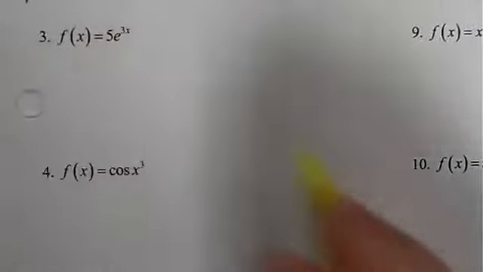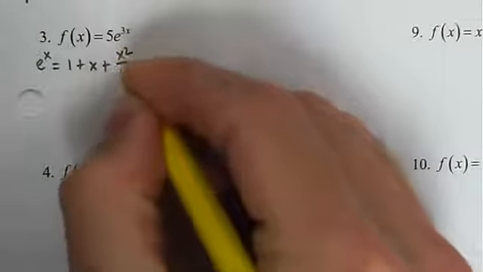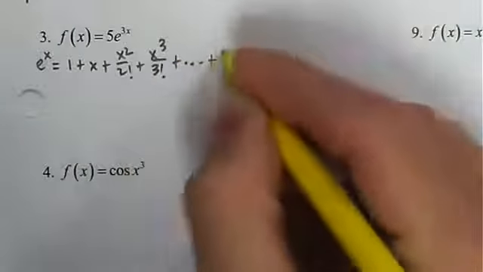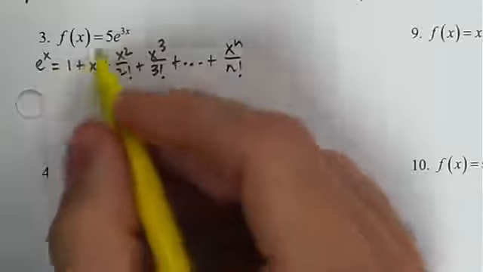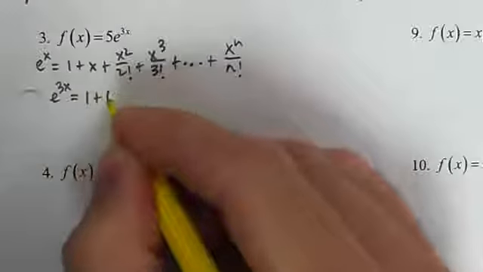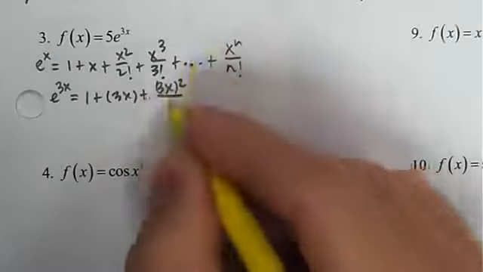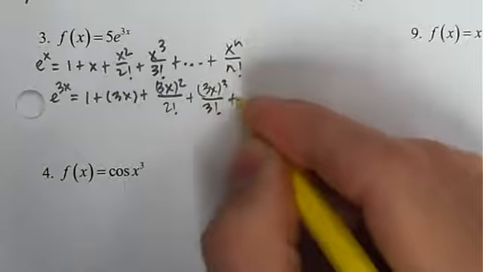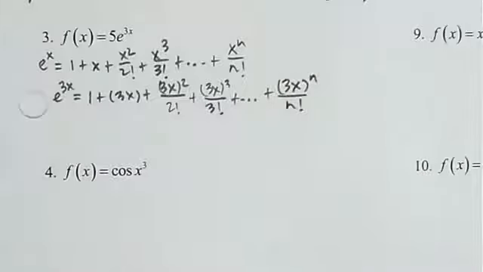Okay, we know that starting with e to the x, e to the x is 1 plus x plus x squared over 2 factorial, x to the 3 over 3 factorial, up to x to the n over n factorial. e to the 3x, I guess I'll do this in 2 steps. e to the 3x is 1 plus 3x plus 3x squared divided by 2 factorial up to 3x taken to the nth power divided by n factorial.